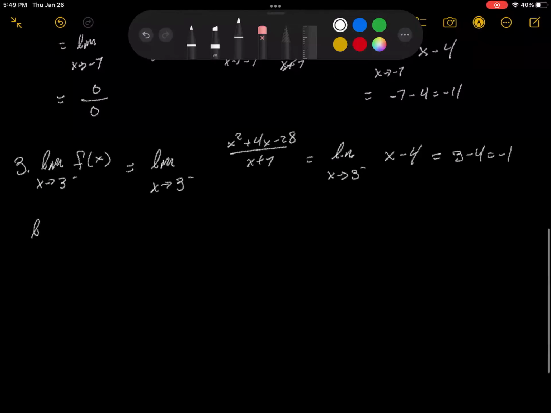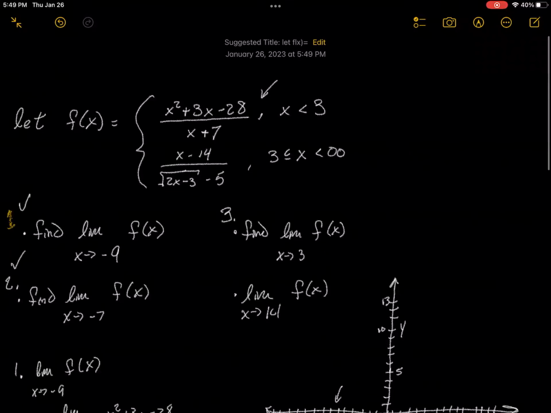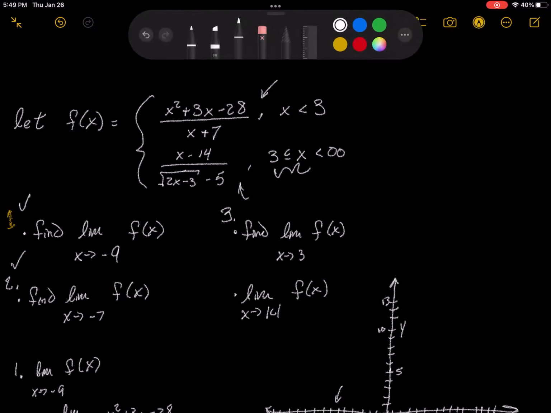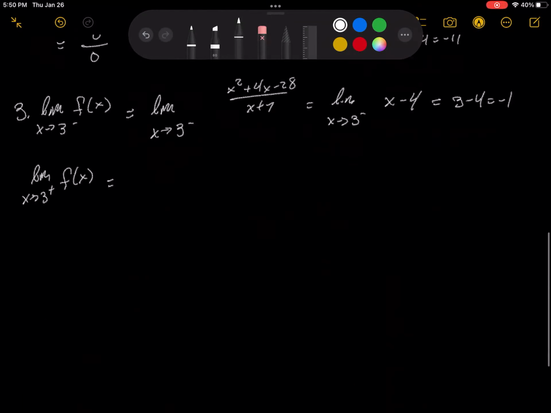Let's look at the limit of the function as x approaches 3 from the right. So as x is larger than 3, I should listen to this bottom function. My function is equal to x minus 14 divided by the square root of 2x minus 3 minus 5.